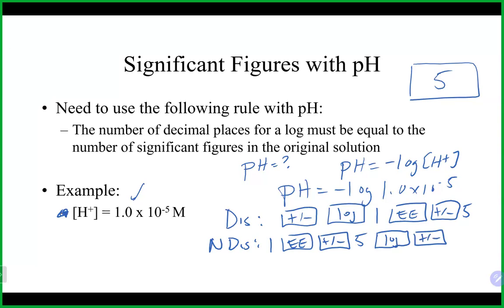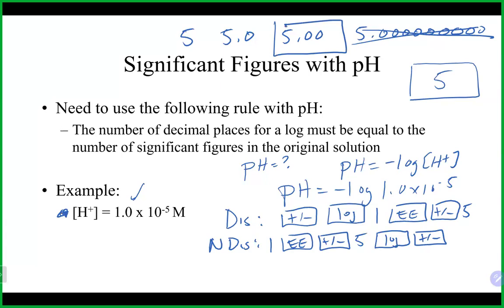All right, so we have 5 on there. So should we record it as 5, 5.0, 5.00, 5.0000? Lots of zeros. I feel like that's too many zeros. So I can limit it down. Which way is the proper way to report this answer? It is 5.00 in this case.